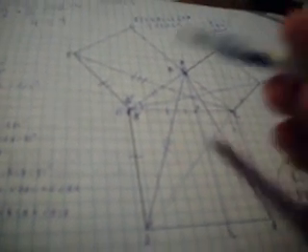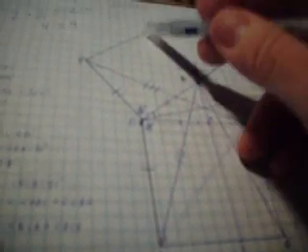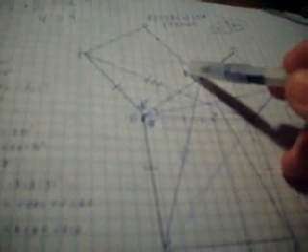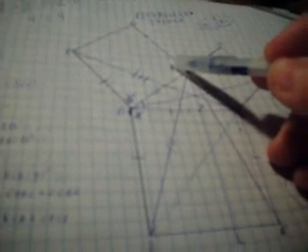Okay? Now, we also know that BAG, here's B, here's A, here's G, is also 90 degrees. And if you were to add the number of degrees in BAC and BAG together, you would get 180 degrees.